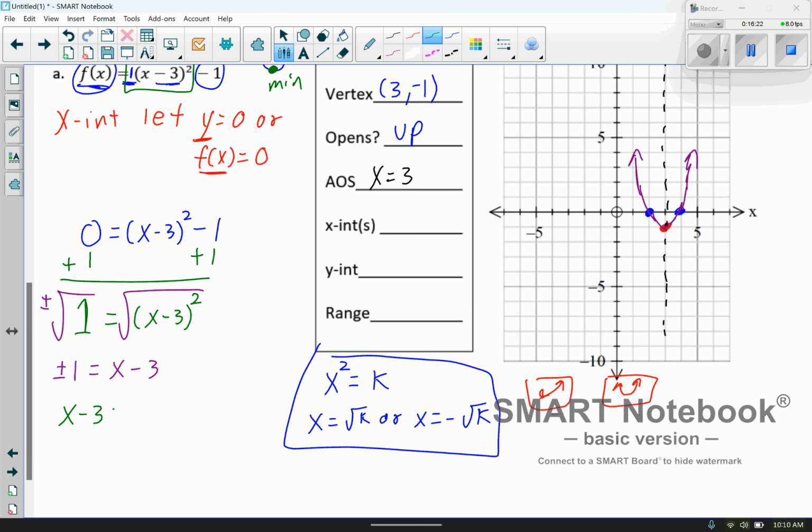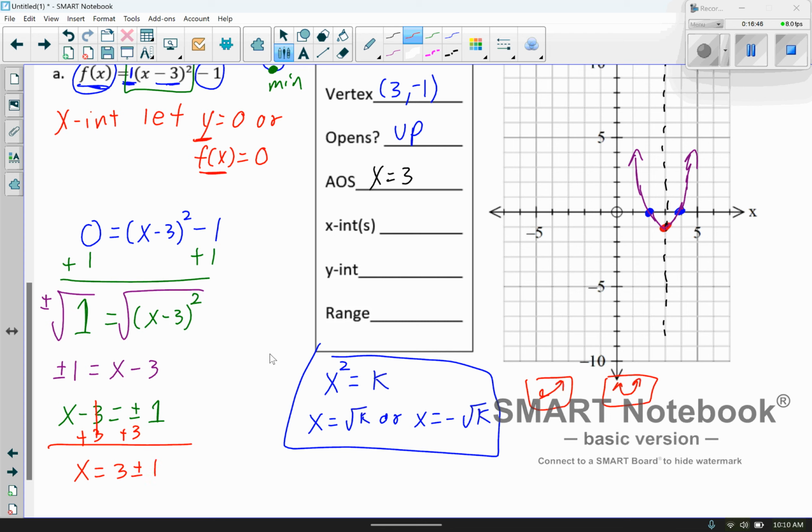So x minus 3 is equal to plus or minus 1. Then we'll add 3 to both sides, and I just wedge it between the equals and that plus or minus. So I end up with x equals 3 plus or minus 1.